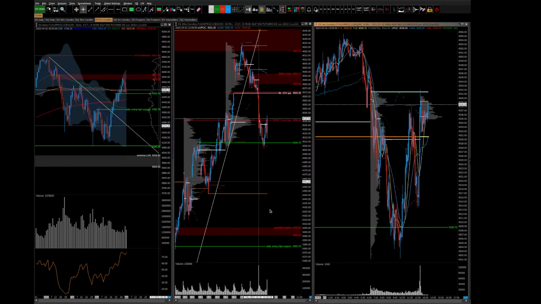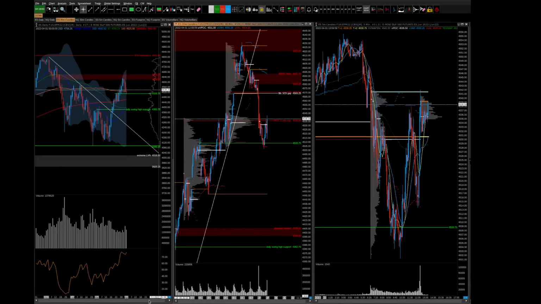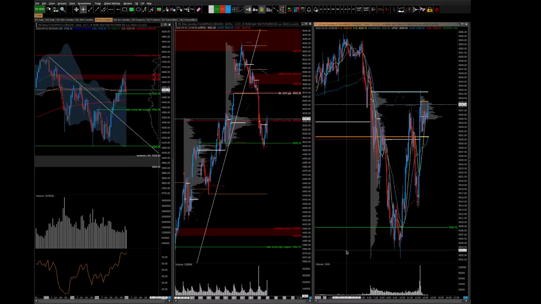It is more efficient. But Sierra Chart is not optimized for Linux, so they will tell you they're not going to provide support. If you have issues, you're not going to get any support. So that's a disclaimer, which is why I won't show people how to set up Linux.